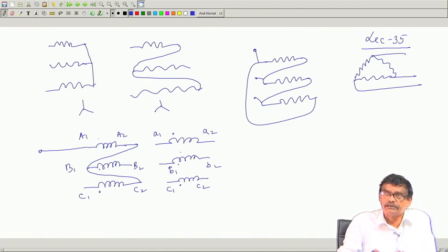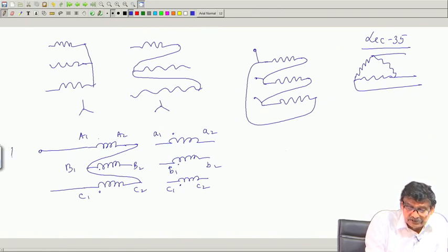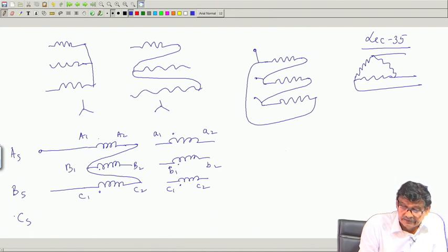This is the actual thing which is prevailing, but he does not care. He connects the star in the primary going by this general definition of star, and decides that he will give supply from a supply with 3 terminals A s, B s, C s of phase sequence A B C.